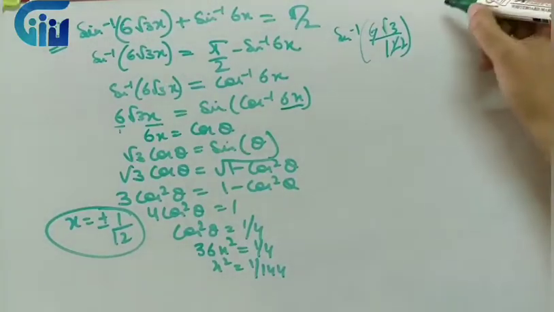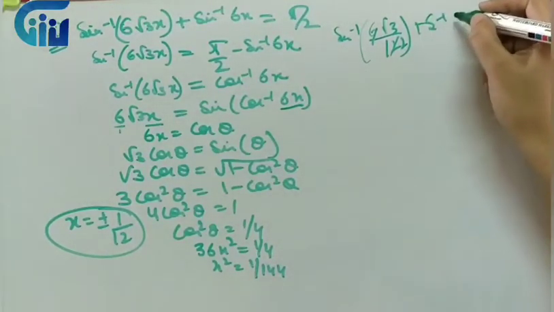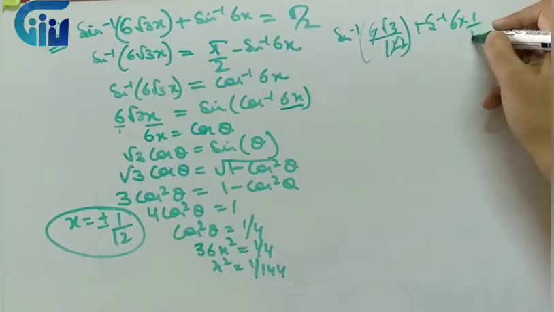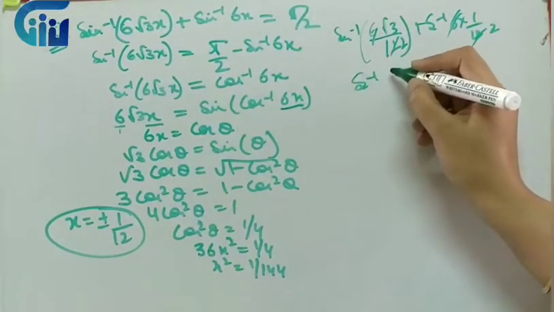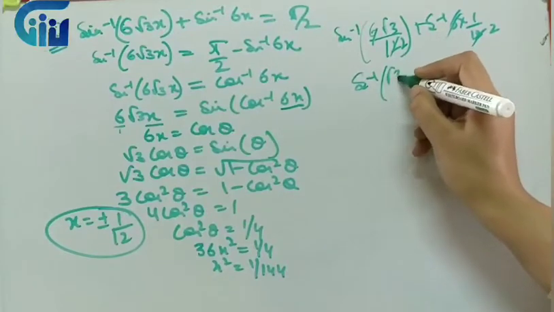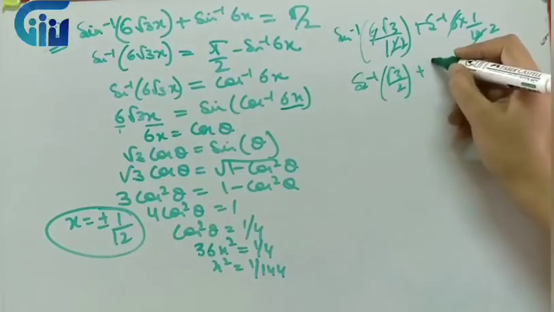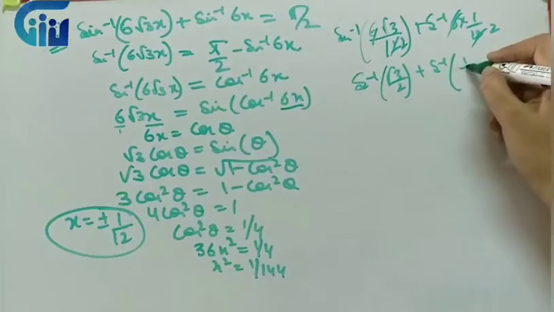Then further it will be sine inverse 6 into 1 by 12, which will be 1 by 2. So this will be sine inverse root 3 by 2 and sine inverse 1 by 2.